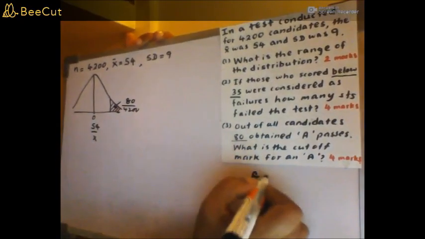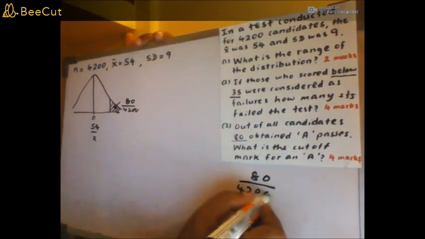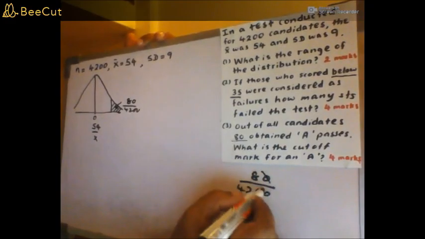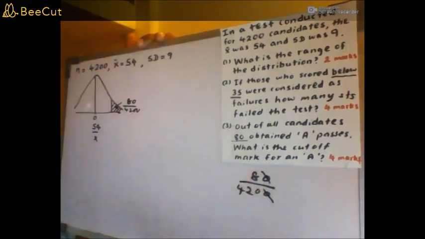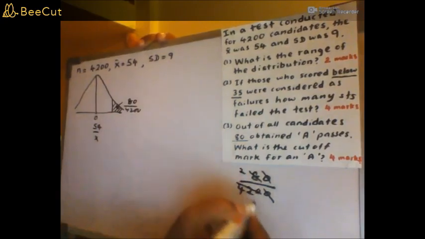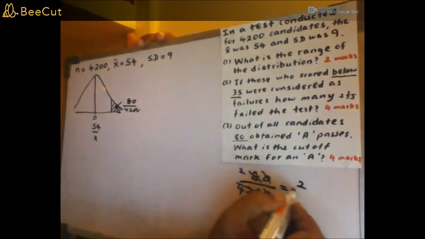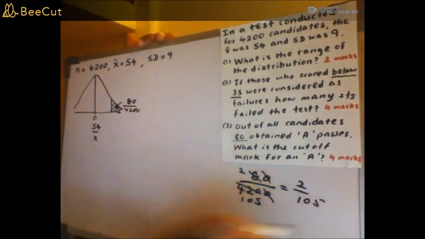So you do this. 80 divided by 4,200, right? You do like this. Take 2, 4, 2. That is 2 divided by 105.